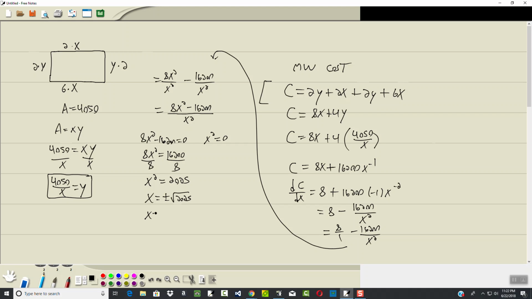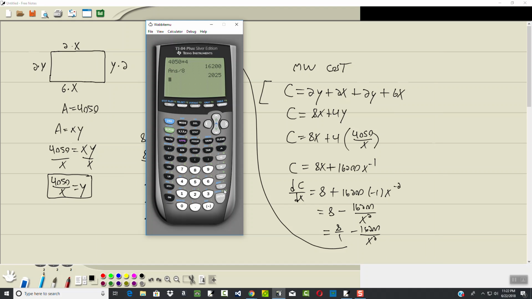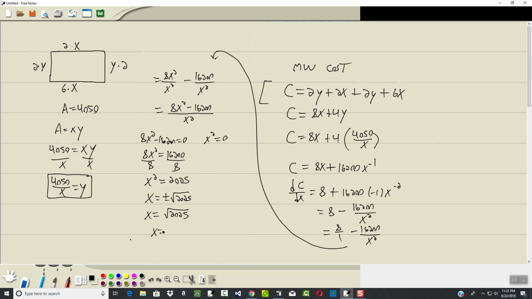But since x is the distance of a side, it obviously can't be negative, so we're just going to have the square root of 2025. I don't know if that comes out nice. It does come out nice. Now this one, if I drop a squared, put a plus or minus square root of 0, we get x equals 0, which doesn't make any sense because you can't have a distance of 0.